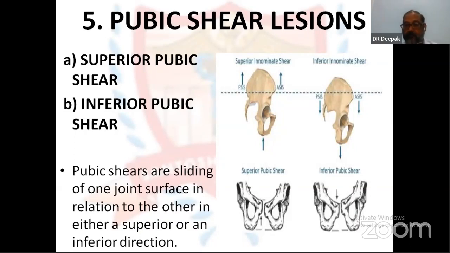You can see in the lower picture that with superior pubic shear, one pubic bone is moving in the superior direction, and in the other picture one pubic bone is moving in the inferior direction, that is inferior pubic shear. Okay, pubic shears are sliding of one joint surface in relation to the other in either the superior direction or the inferior direction, right?